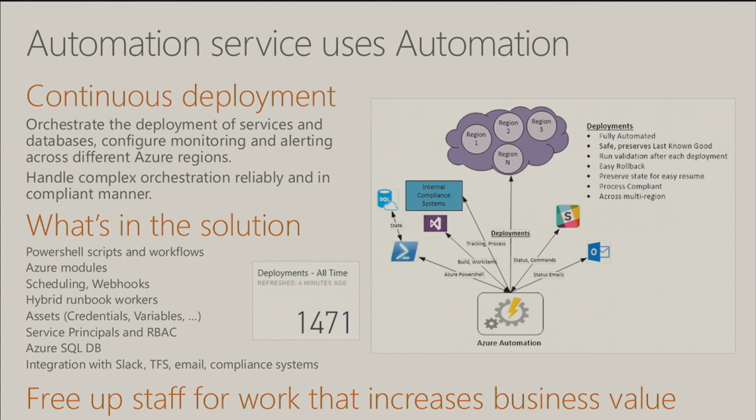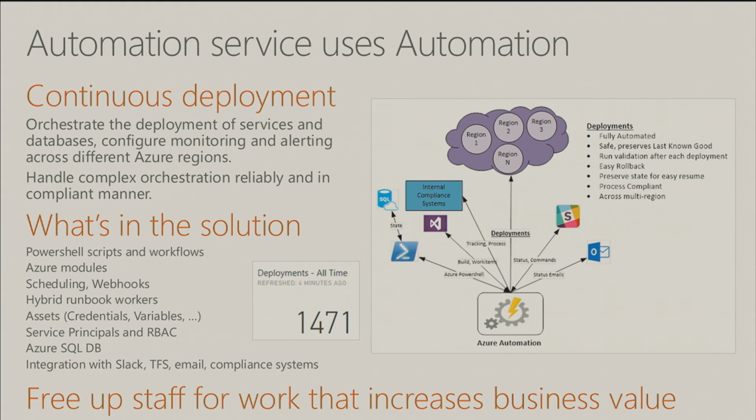They use an Azure SQL database, and there's integration with Slack, with TFS, with email, and various internal compliance systems we have. So you can see the integration happening here, where you're doing a very complex orchestration of the deployment and configuration of a complex service, and it's all being done through Azure Automation.